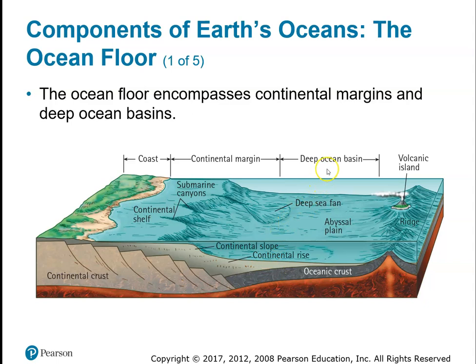In the ocean basins, there are these really flat regions called the abyssal plains. These abyssal plains are some of the flattest regions on the planet. Of course, they're deep beneath the surface of the ocean, and then you have the mid-ocean ridges, where you have volcanic activity, mountains.